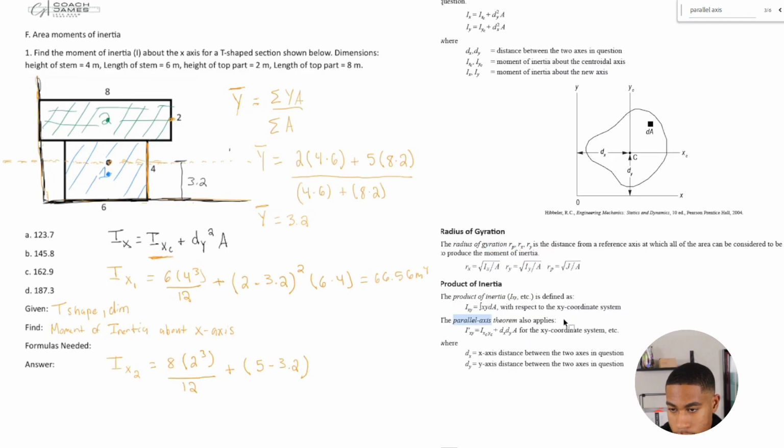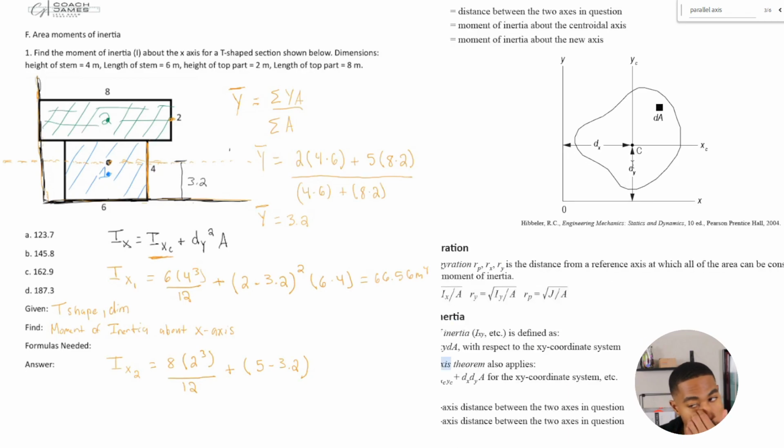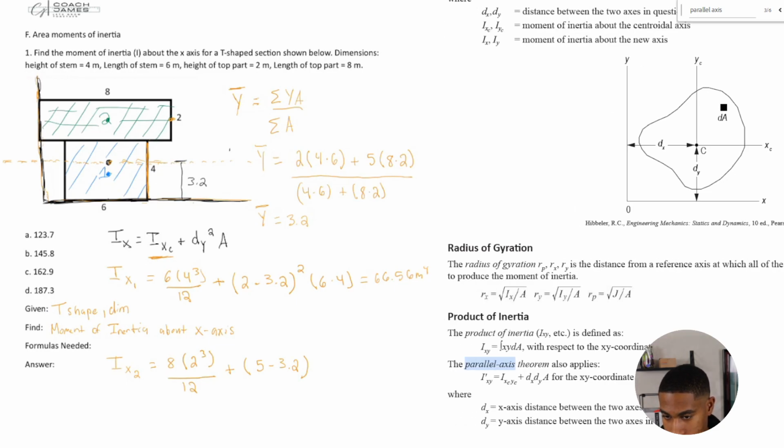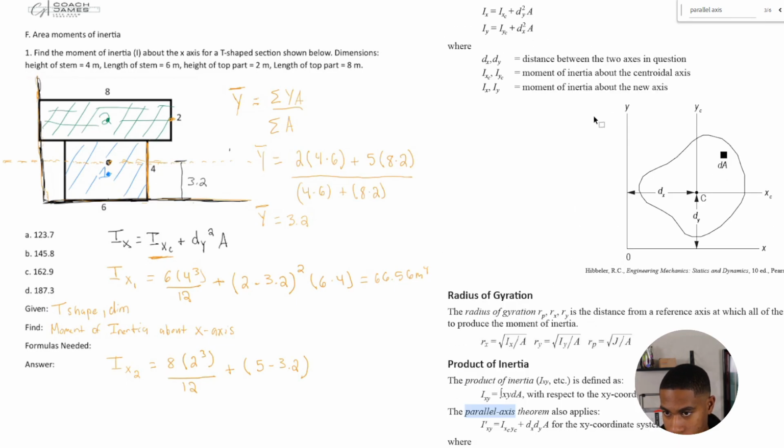The parallel axis theorem. So that dy is the distance from your reference axis to the center of the piece that you're looking at. They give a pretty good explanation of it too. It's the distance between the two axes in question.